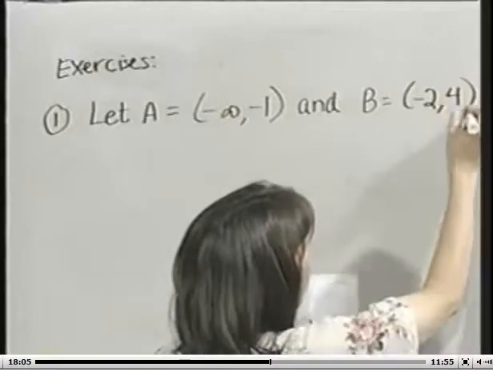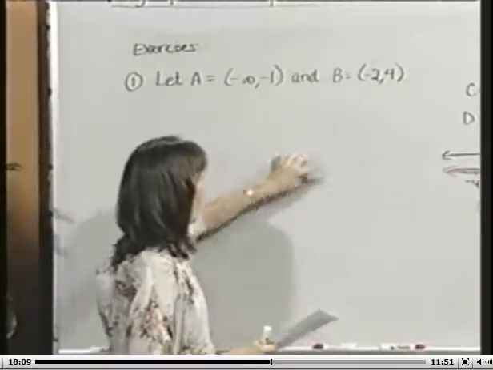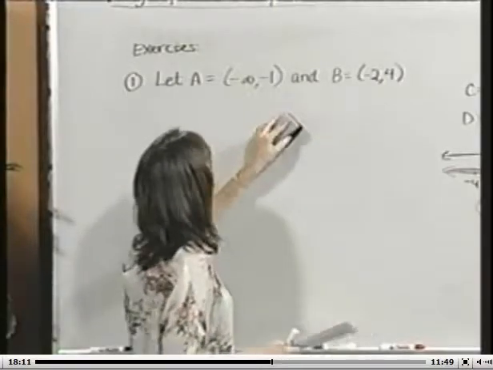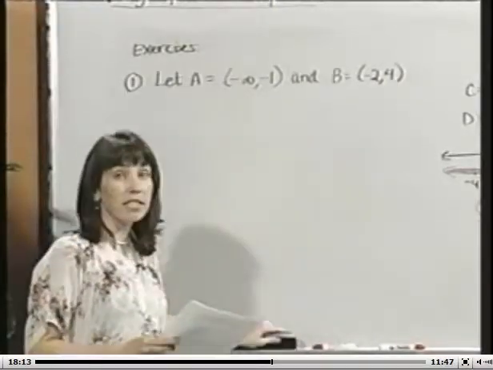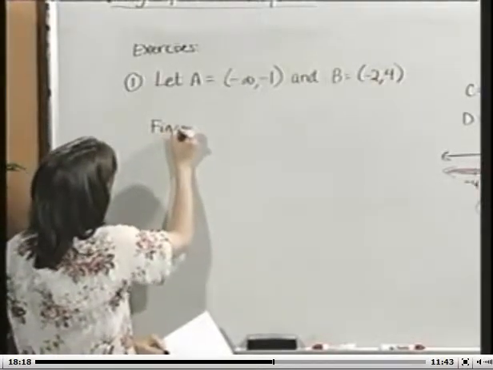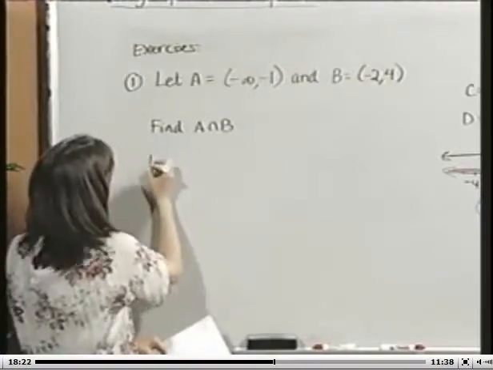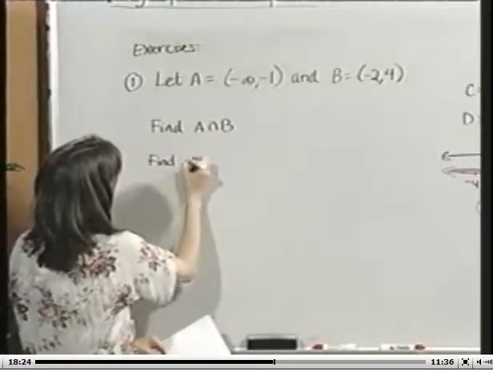Now this exercise is going to practice working with our interval notation, putting it on the graph, and finding intersections and unions. So we'll let A be this and B be this. Now we're going to find two things. We're going to find A intersect B, and then we're going to find A union B.